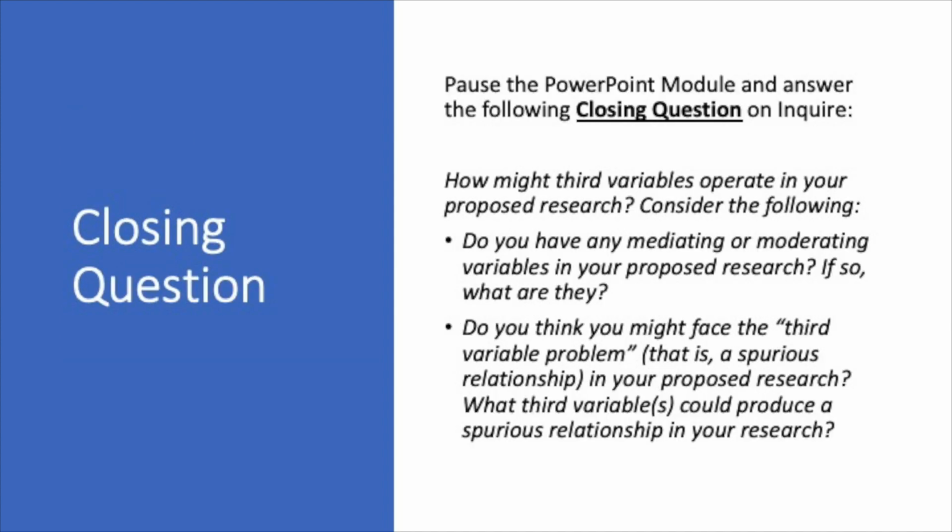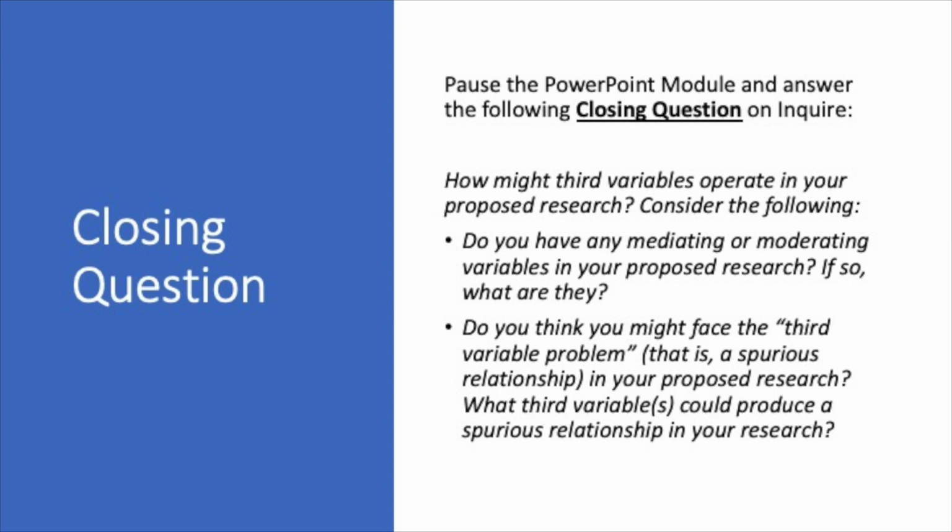And then finally, here's your closing question. I want you to take this section on multivariate relationships and apply it to the research that you're proposing for your proposal in this course. So here's your question. How might third variables operate in your proposed research? Consider the following. Do you have any mediating or moderating variables in your proposed research?